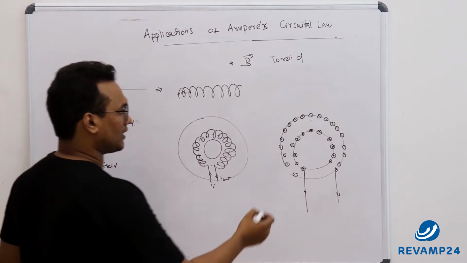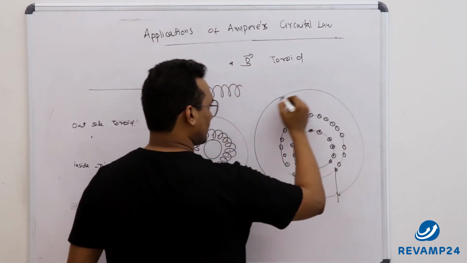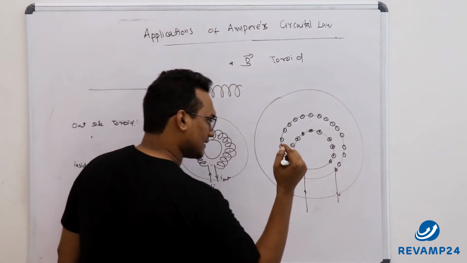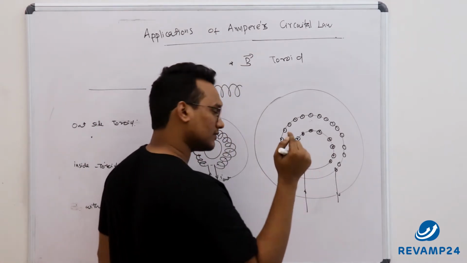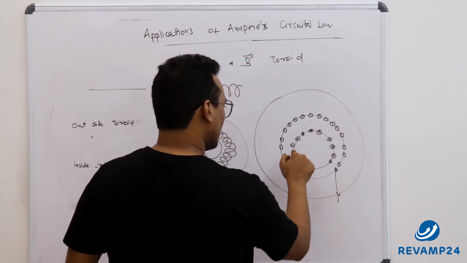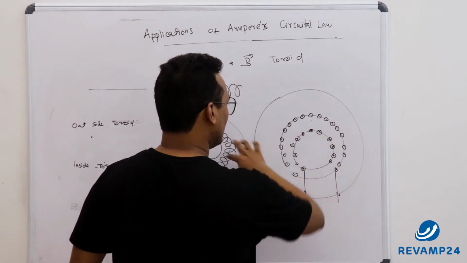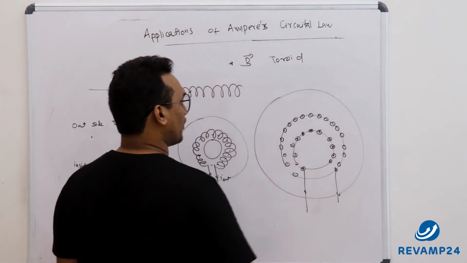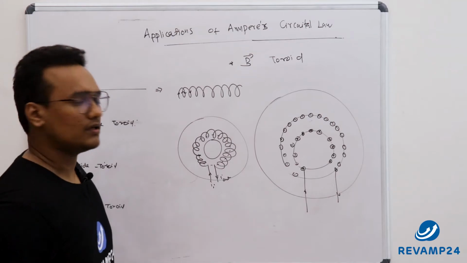Now when I am considering an Amperian loop in this direction, what is the net current entering the plane? Let's say current I enters, the same current leaves, next current I enters, leaves, I enters, leaves. So if you take all entry points and all exit points and add them, it will be 0.